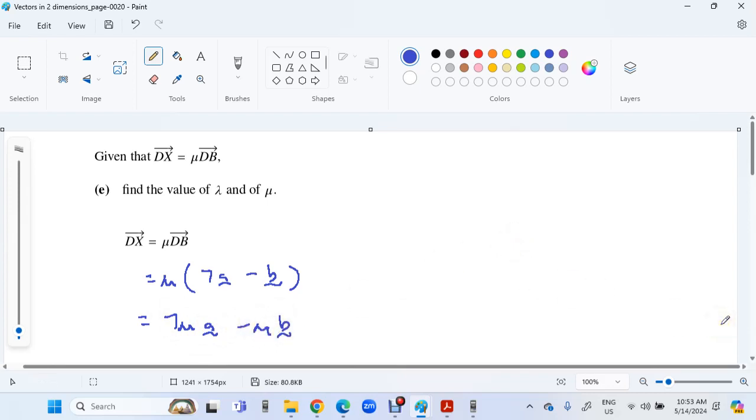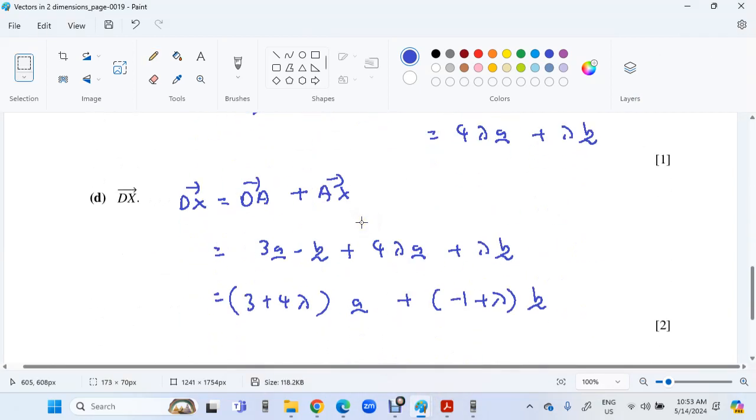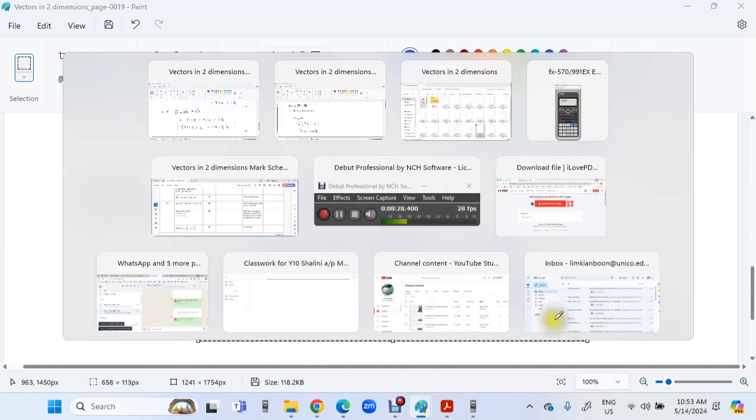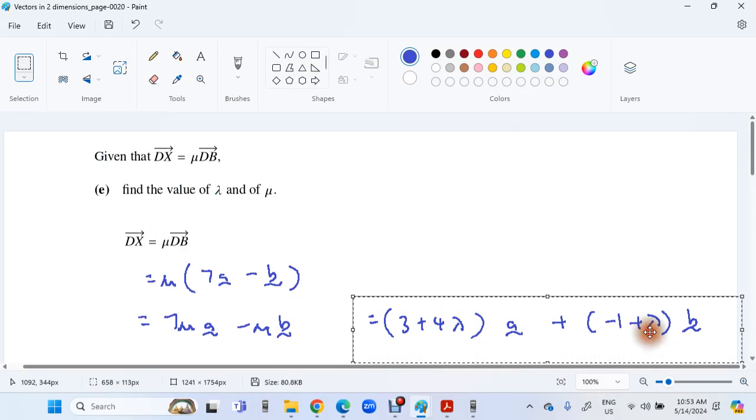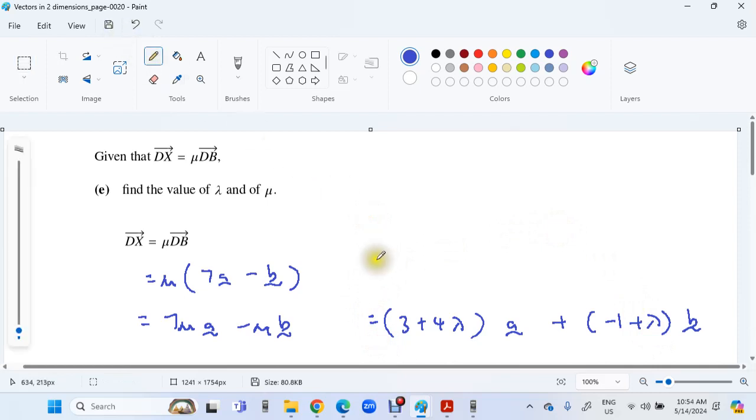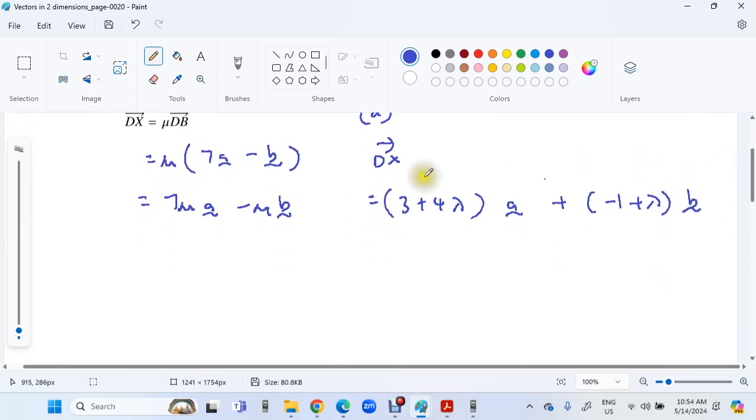So from the previous part, we also find DX is equal to this. So we have two versions of DX. This is what we find in part D there.